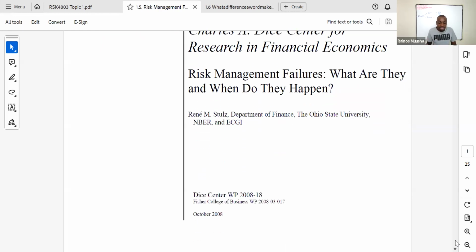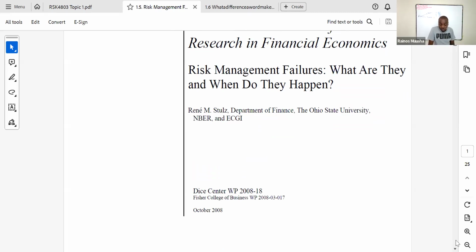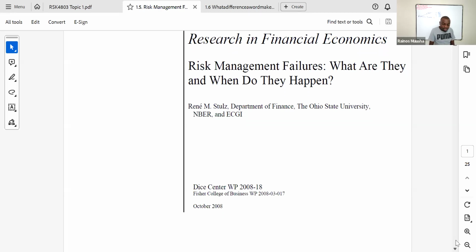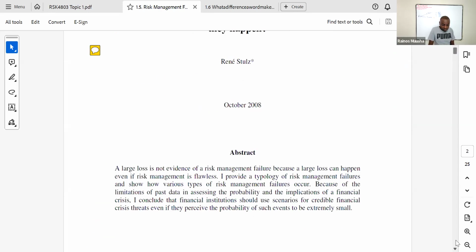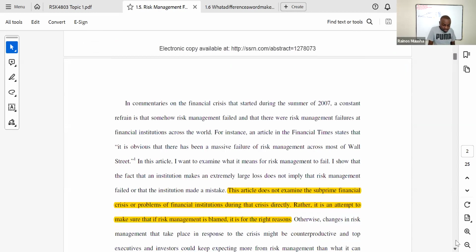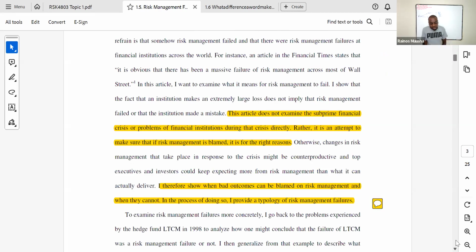And one case study that they use to answer this question on what are risk management failures and how do you identify that they've happened is LTCM. When it comes to this particular article, the author of the article says, this article does not examine the subprime financial crisis or problems of financial institutions during the crisis directly.